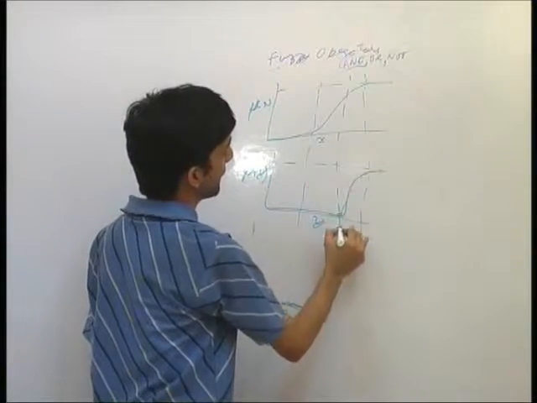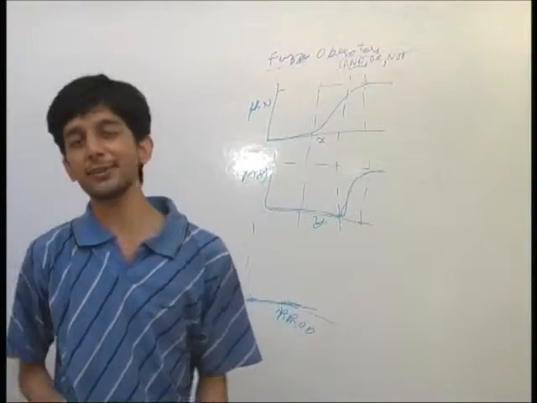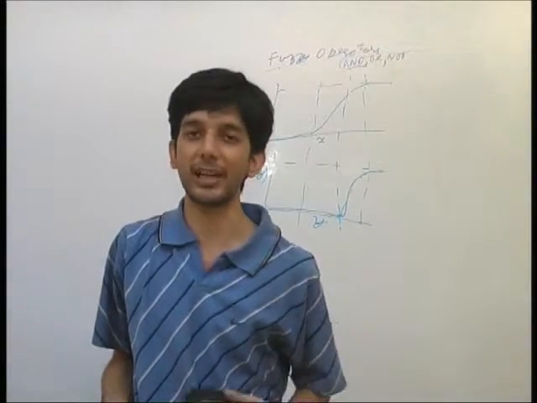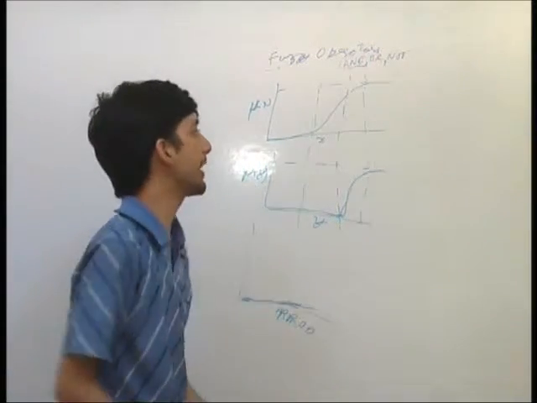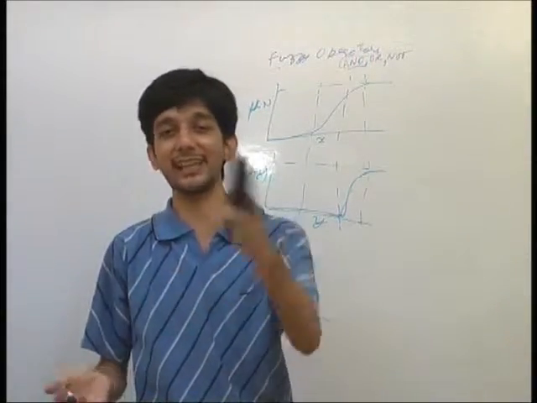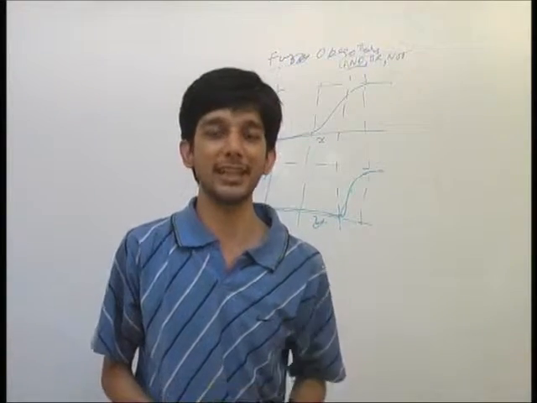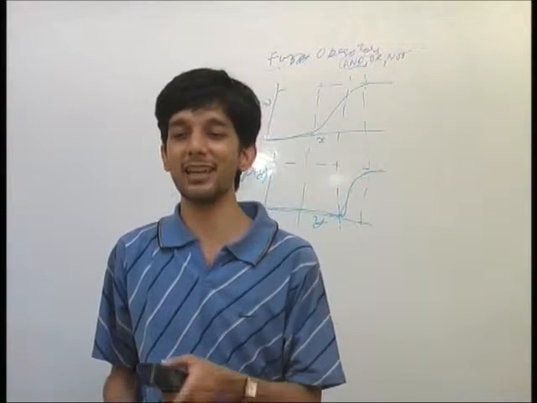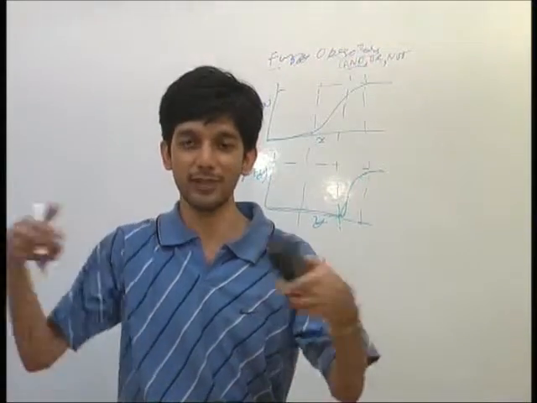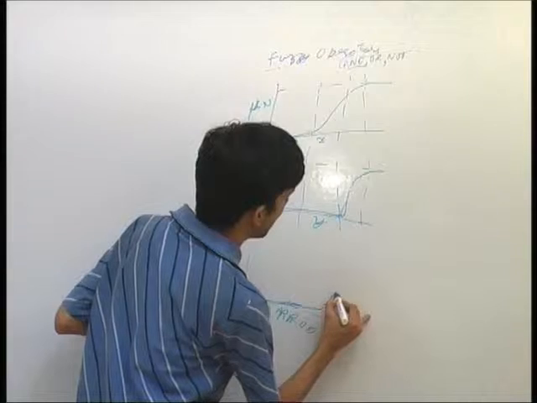If I go anywhere after this region, I have two membership values to multiply, and whenever I multiply two membership values, I always get a membership value that is lesser than both of them. Remember, any number less than 1, if I multiply by any number less than 1, will always reduce. So that's why my curve in product will be something like this.